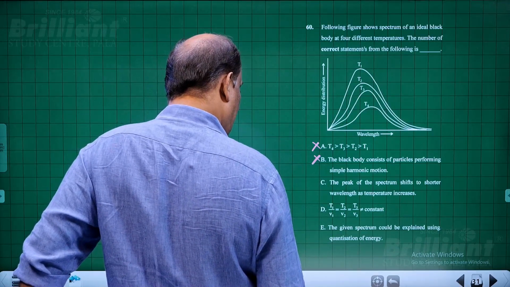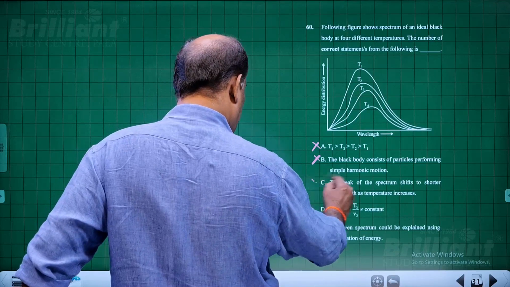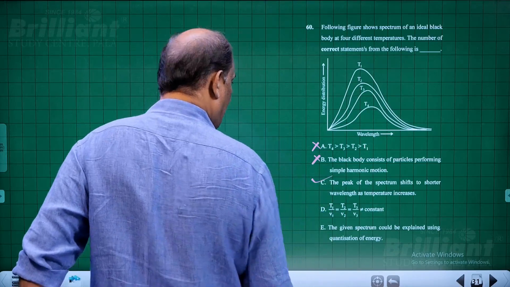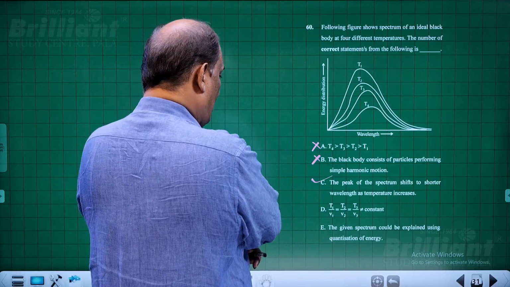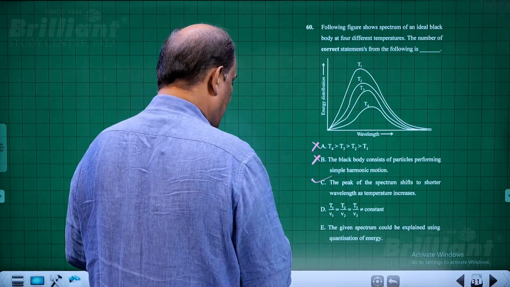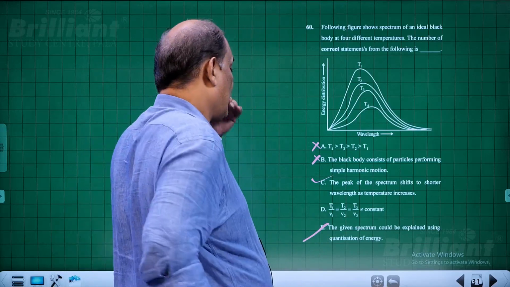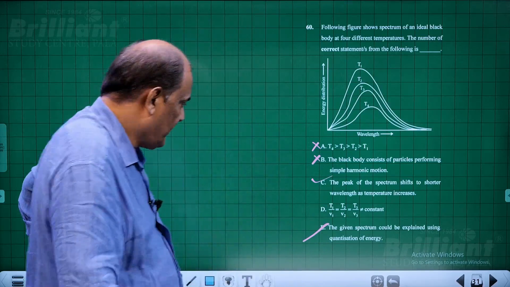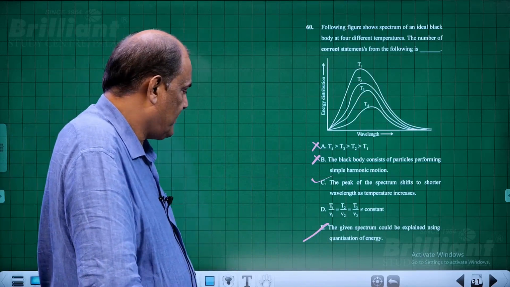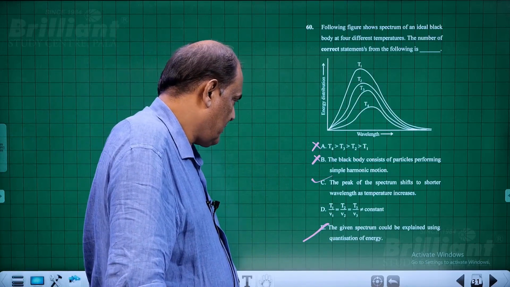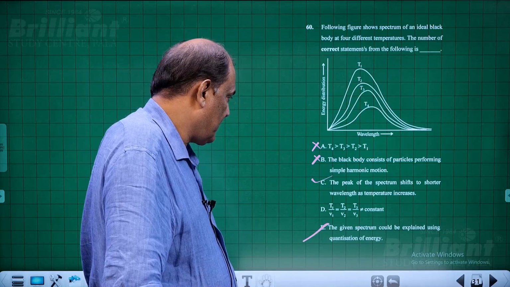Shorter wavelength. Generally what? Again, this is correct. The given spectrum could be explained using quantization of energy. Is it correct? This is quantum mechanics. The peak of the spectrum shifts to shorter wavelength always as temperature increases.